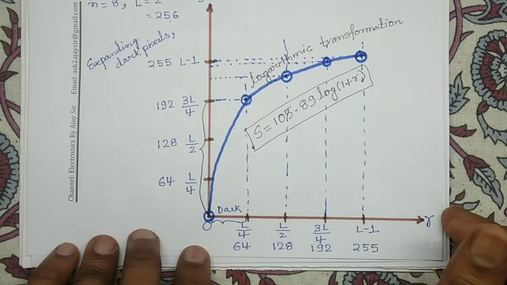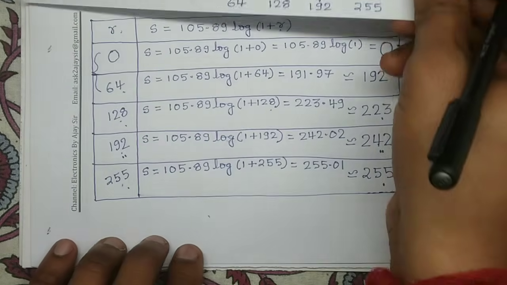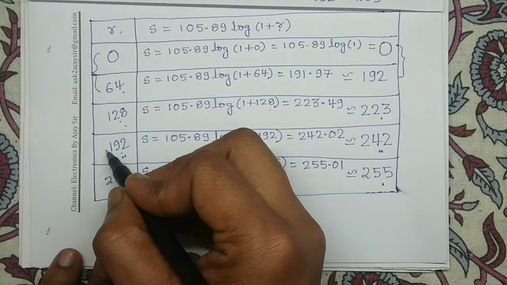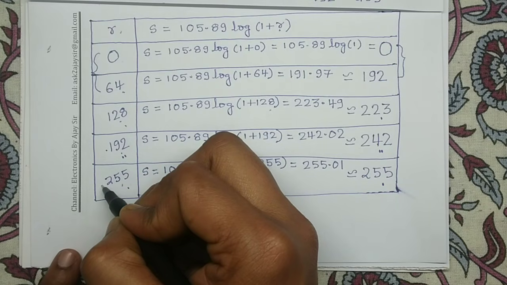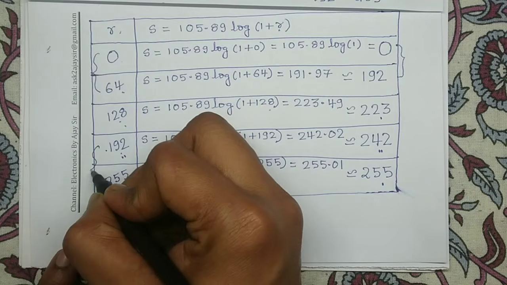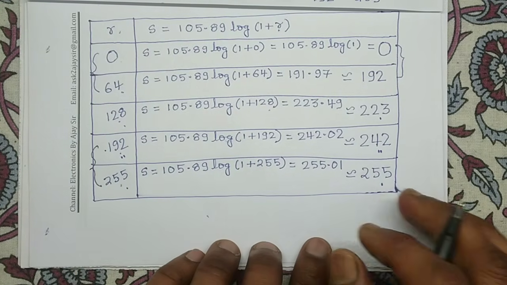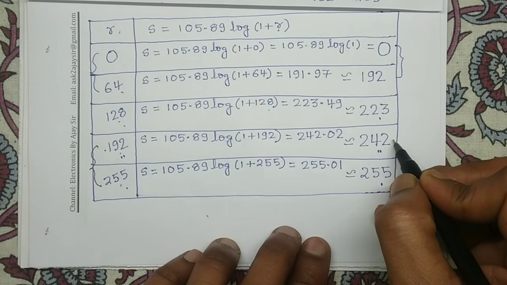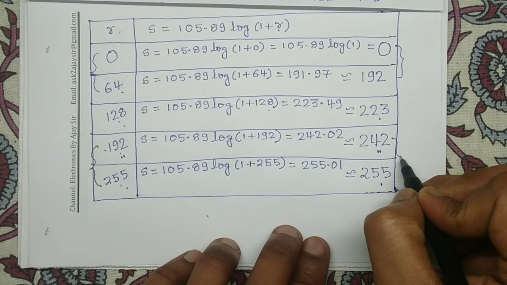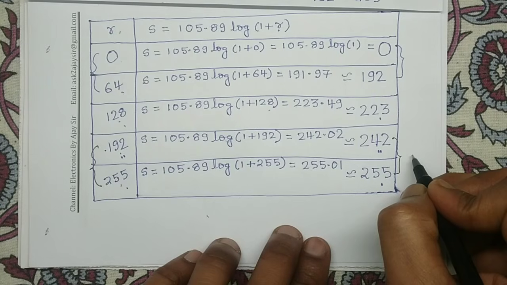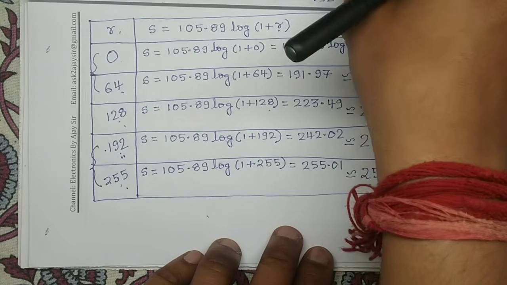Now in the input, when r varies from 192 to 255, the difference here is 63. In the output, the intensity level varies from 242 to 255. The difference here is only 13.